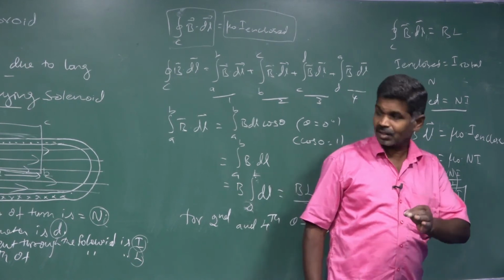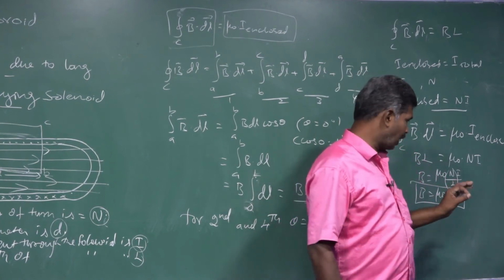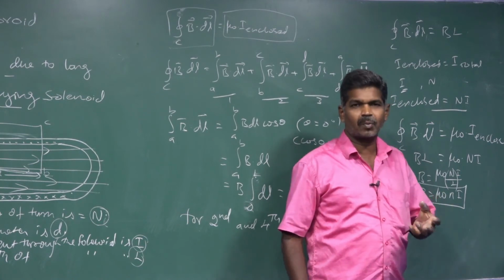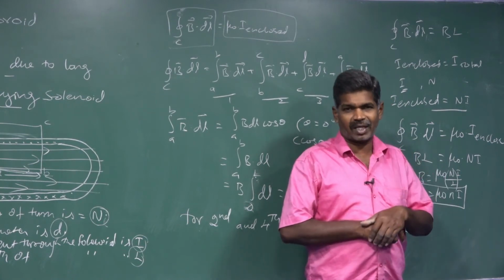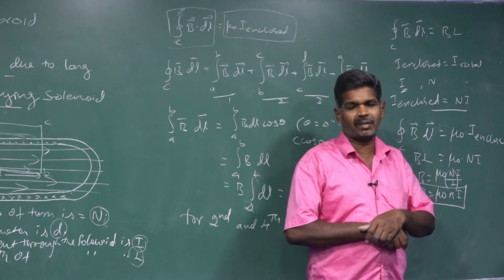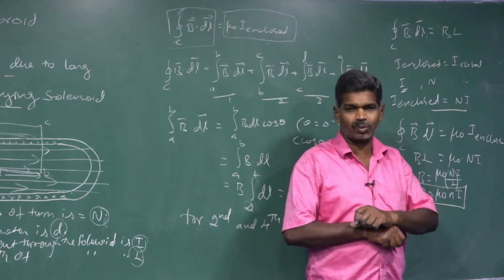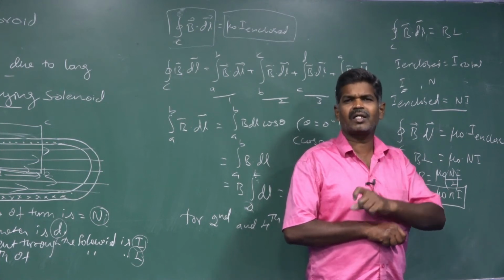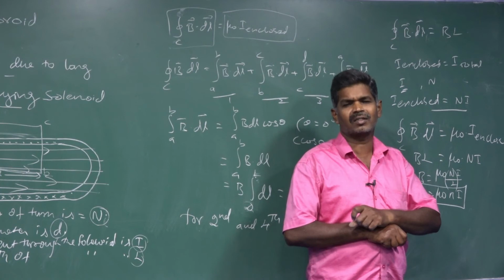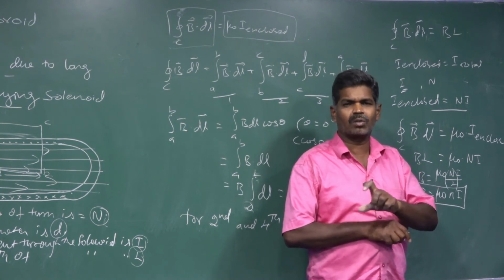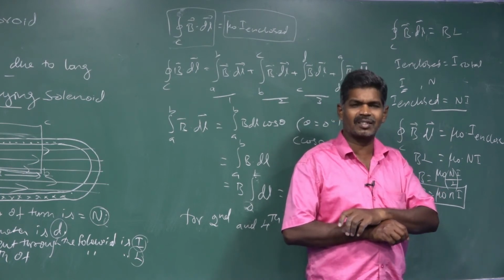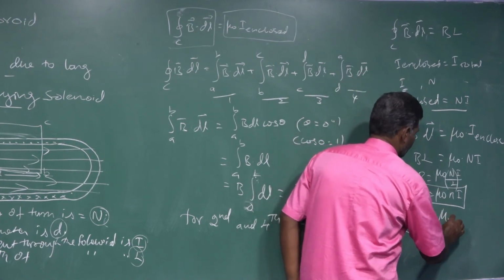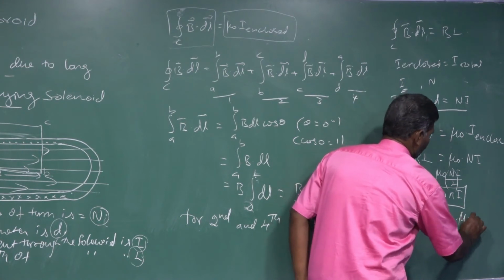Here, if the core is an air core, the magnetic induction along the axis of the solenoid is B is equal to mu naught NI. Suppose we insert a soft iron. For what purpose can we insert soft iron? To increase the strength of the magnetic field. A soft iron has a very large relative permeability, with the symbol mu r. So if any magnetic medium is inserted along the axis of the solenoid, B is equal to mu r into mu naught NI.